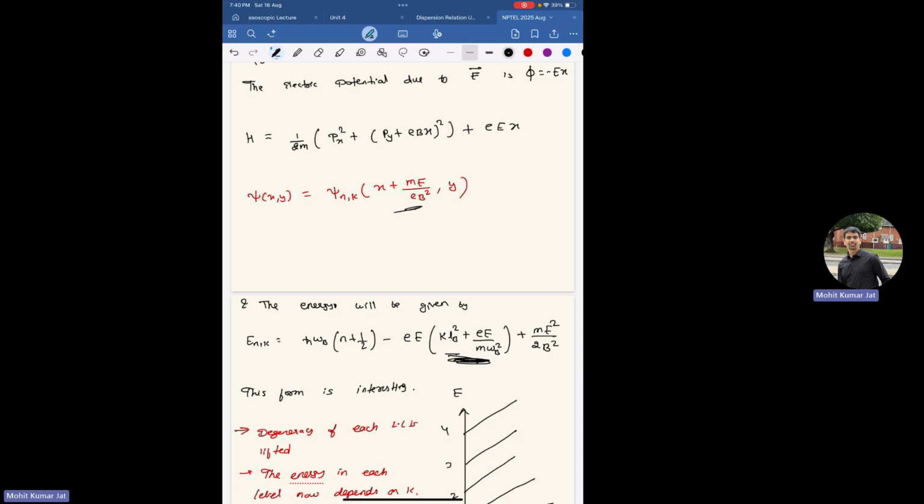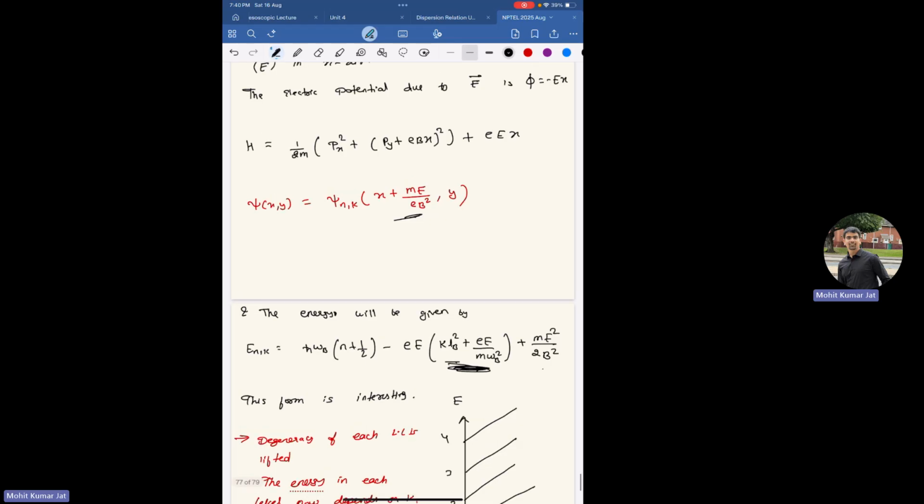The final term can be thought of as the kinetic energy of the particle in the y direction, that is half m vy squared, this part. This is essentially the potential energy and this is essentially the harmonic oscillator energy. So this is how your system can be thought of.